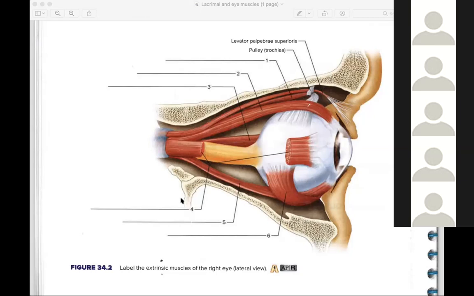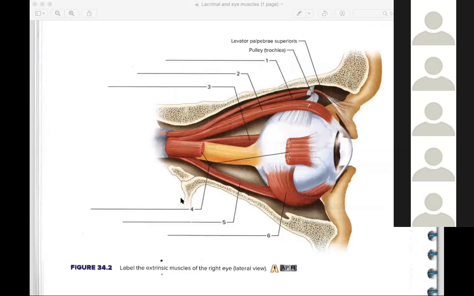Now, I want to throw out a small extra credit opportunity that will appear on your lab exam. So if you have some time and are interested, go to your textbook, and when you look it up to help you label these muscles, you will also see that it talks about the specific direction that they move the eye.